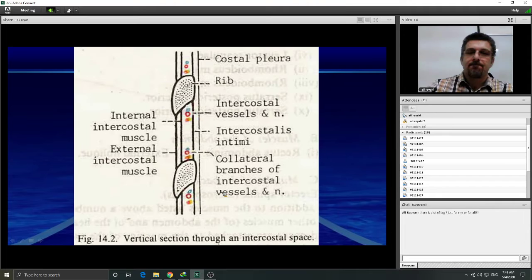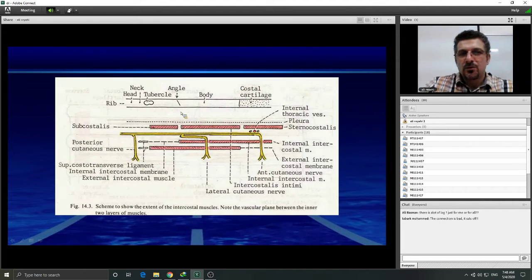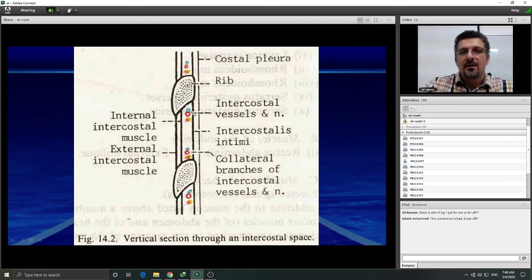All right, this is the longitudinal cross section of the intercostal space. As you see in this picture, you can see the cross section of a rib. Two ribs are obvious in this figure. This is the costal groove, and this is the neurovascular bundle.